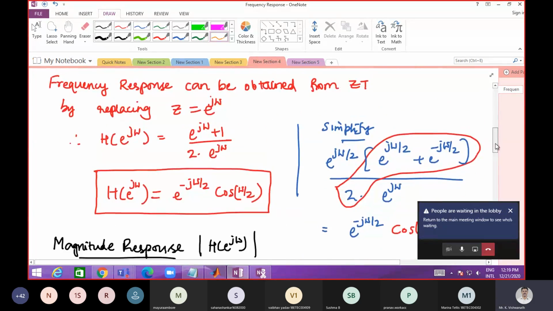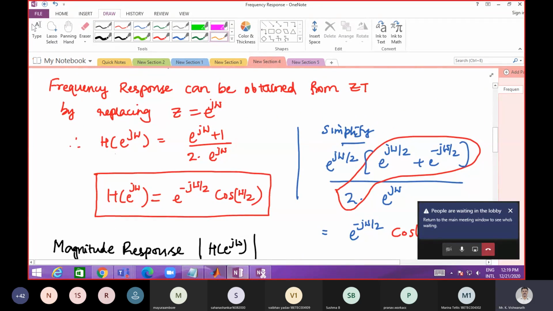So that's what we are doing here. So H of e power j omega is obtained by replacing z equal to e power j omega. So in that we have H of z is (z plus 1) by 2z. So z is replaced by e power j omega, so (e power j omega plus 1) divided by 2 e power j omega.